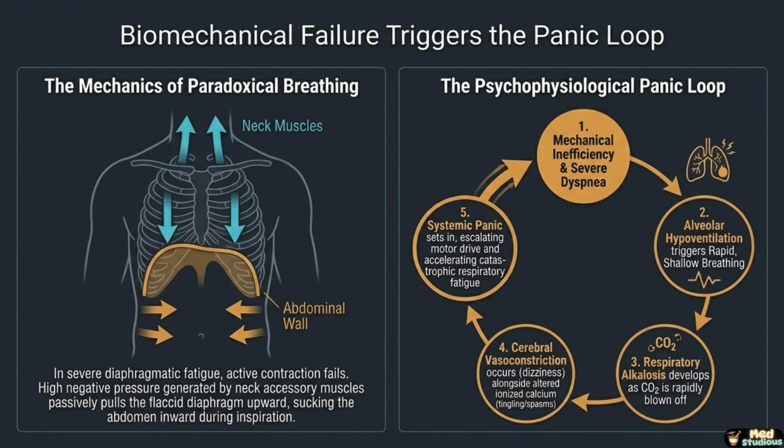This neurological distress then triggers systemic panic, which paradoxically escalates motor drive even further and accelerates catastrophic respiratory muscle fatigue, feeding right back into the original mechanical inefficiency. Understanding this loop is critical clinically because patients in this cycle need calm, controlled intervention, not just reassurance, since the spiral is physiological, not purely psychological.